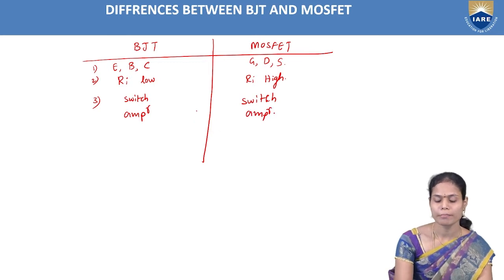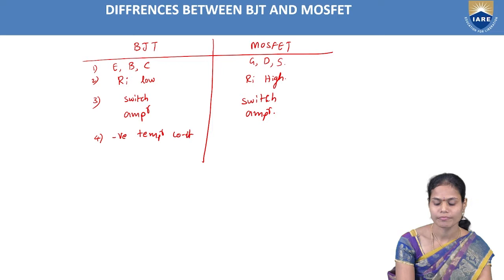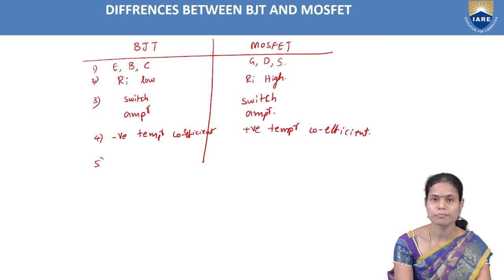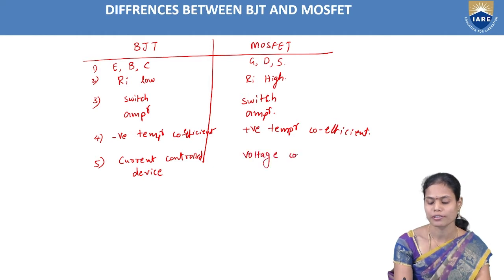BJT has a negative temperature coefficient, and FET has a positive temperature coefficient. And one more thing: BJT is a current controlled device, and MOSFET is a voltage controlled device.